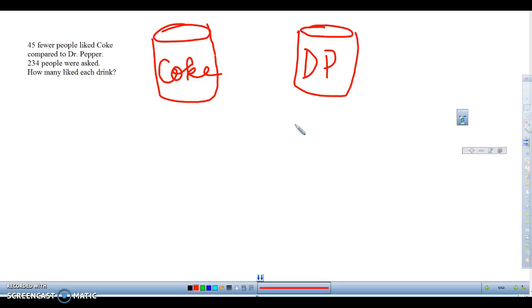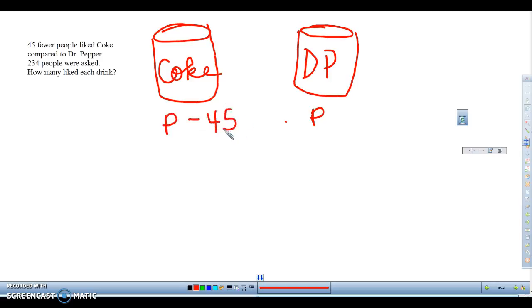So we know that Coke is 45 people fewer than Dr. Pepper. So we'll let Dr. Pepper be our variable, which would be P. And we'll say Coke is 45 fewer than P. So P minus 45.